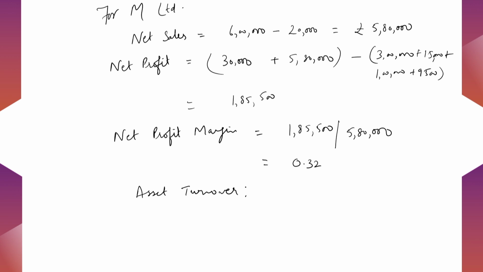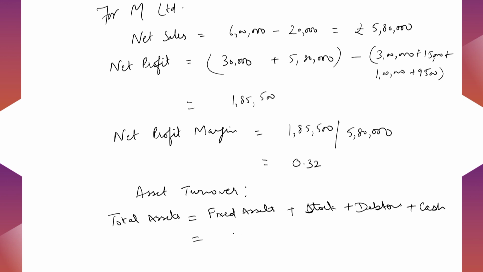So for computing this, we need to calculate the total assets of the company. So the total assets would be fixed assets plus stock, the current assets, plus debtors as given in the question, plus cash.